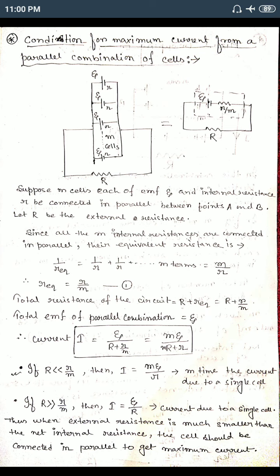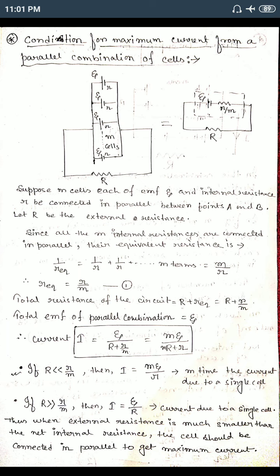So across each cell the EMF is the same. Here there are m cells, so across m cells the EMF is also the same, that is E. So the total EMF of the parallel combination is only E. Clear? Okay. So what is the expression for I? Total EMF by total resistance. Total EMF is E and total resistance is R plus small r by capital M. So we get mE by mR plus small r.